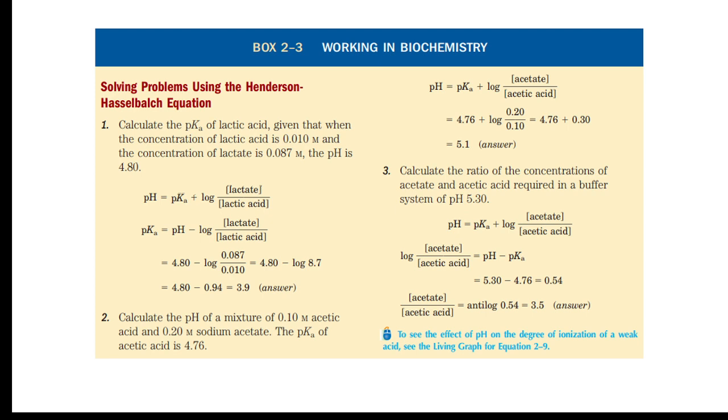So, log of the ratio is equal to pH minus pKa, which is equal to 5.3 minus 4.76, which is equal to 0.54. So, we have to do the anti-log of 0.54. Therefore, the ratio of molar concentration of acetate to that of acetic acid is 3.5.